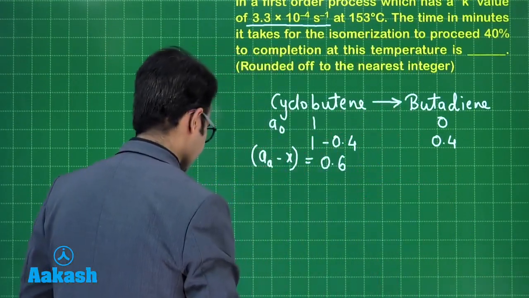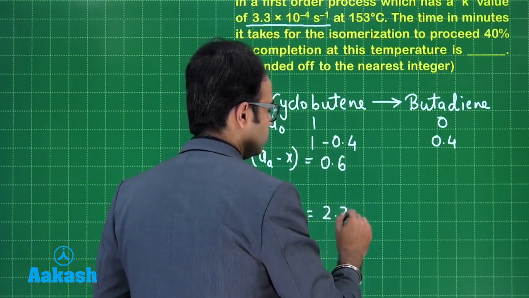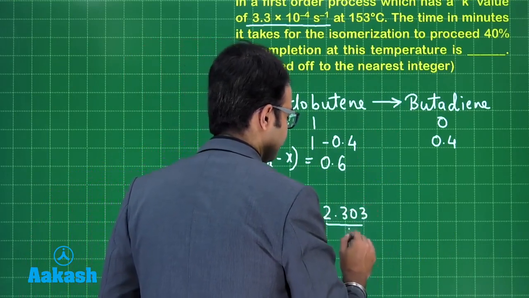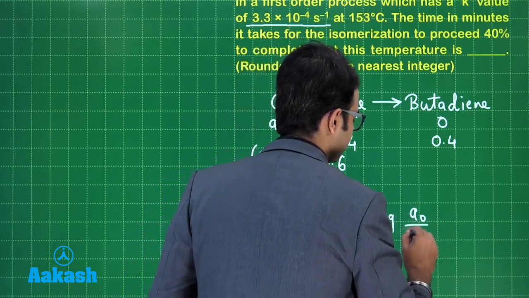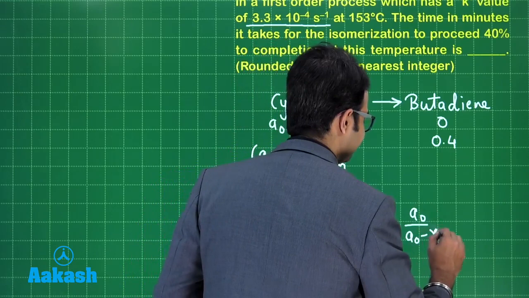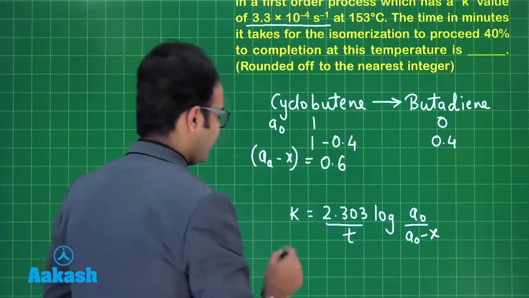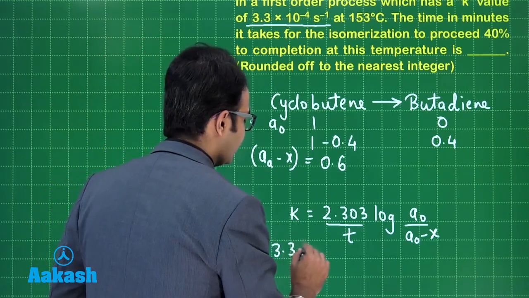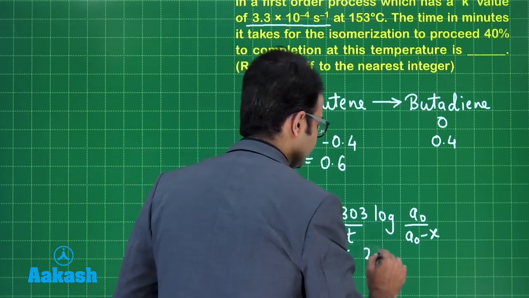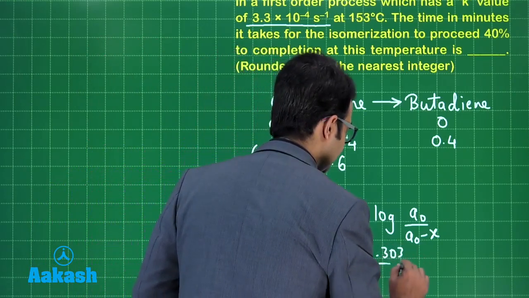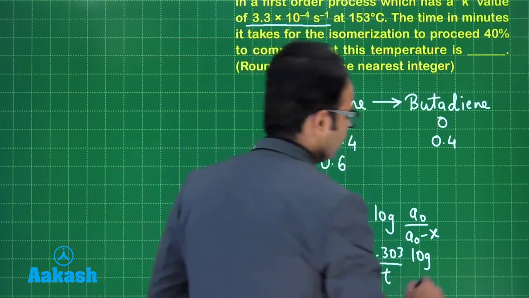So what we have here is K is equal to 2.303 by t log of a naught upon a naught minus x. We substitute the values over here. So what is the value of k? That is 3.3 into 10 to the power minus 4. This is equal to 2.303 divided by t log of 1 upon 0.6.